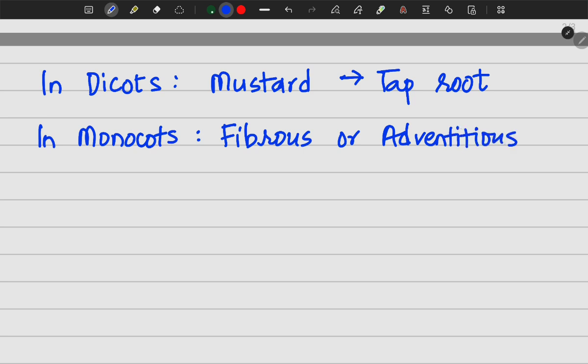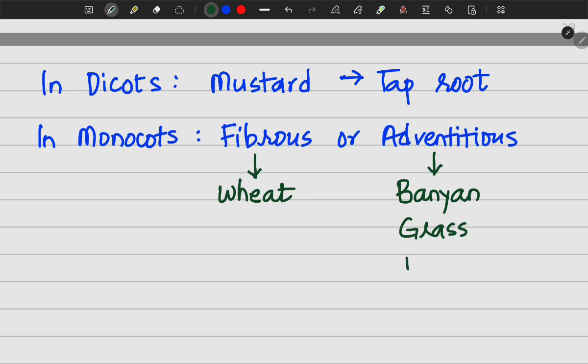An example of a plant having fibrous root is wheat, and examples of plants having adventitious roots are banyan, grass, and monstera. I hope the root and its types are clear to you.